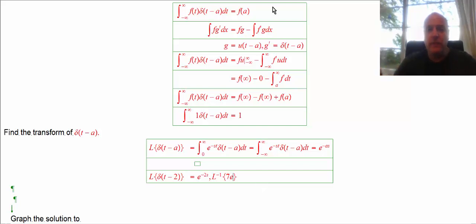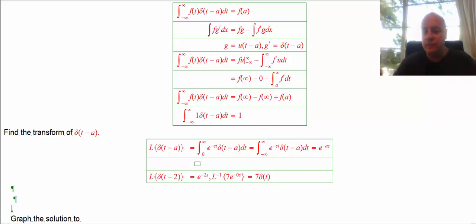But here I can write this as e to the minus 0s, since that's just 1. And now I can see that that's just going to be 7 times the Dirac delta function shifted to 0, the unshifted Dirac delta function. So it lets us unLaplace constants as well.